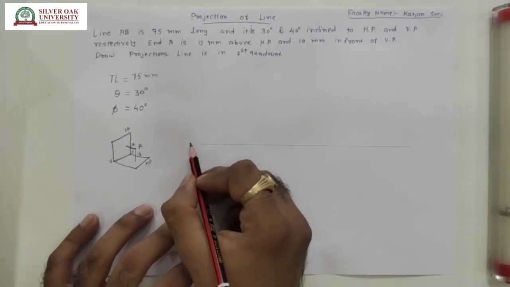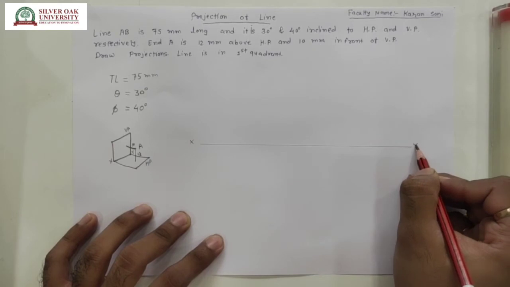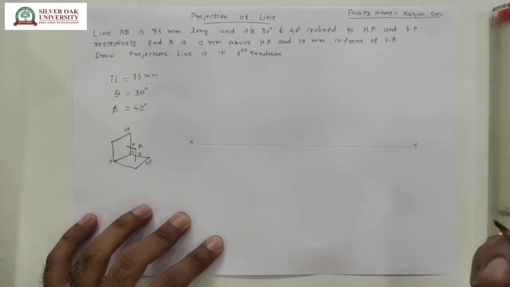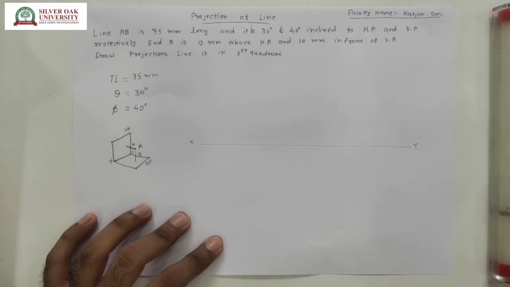And with respect to this reference XY line, we locate the front view and the top view of point A. Point A is 12 mm above the HP, which means the front view is 12 mm above the XY line, and 10 mm in front of the VP, which means the top view is 10 mm below the XY line.